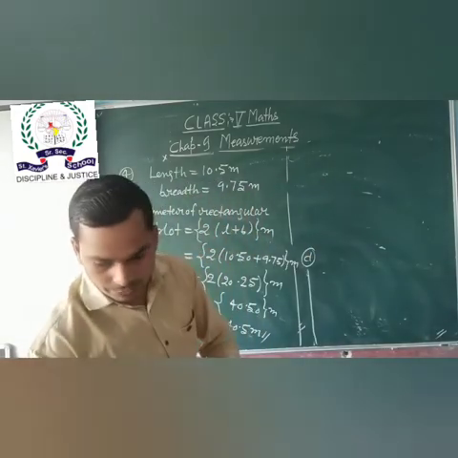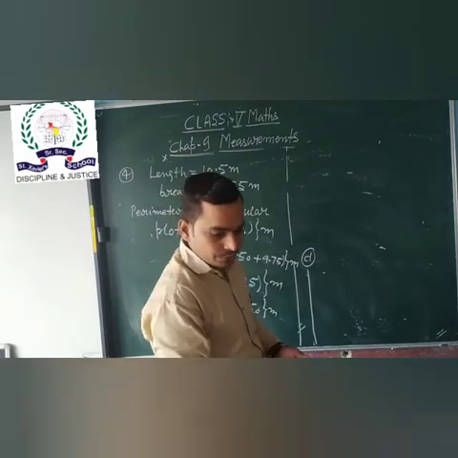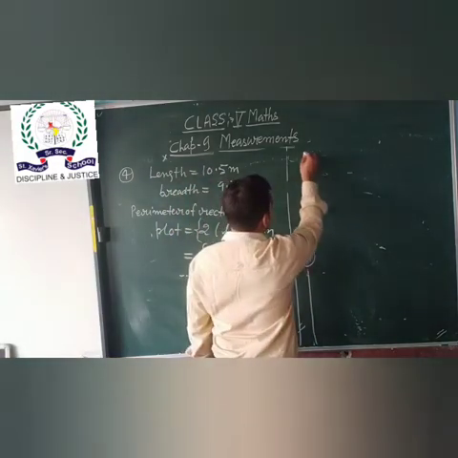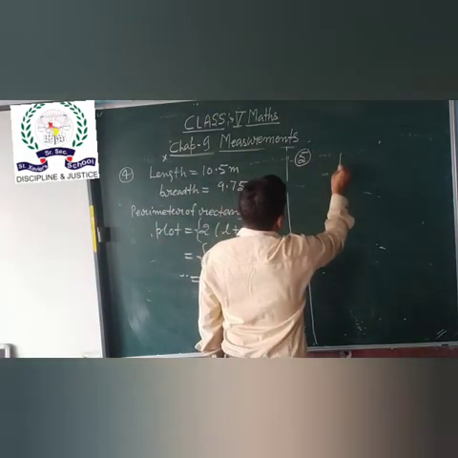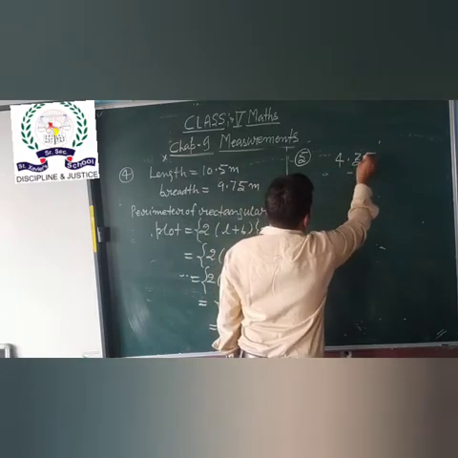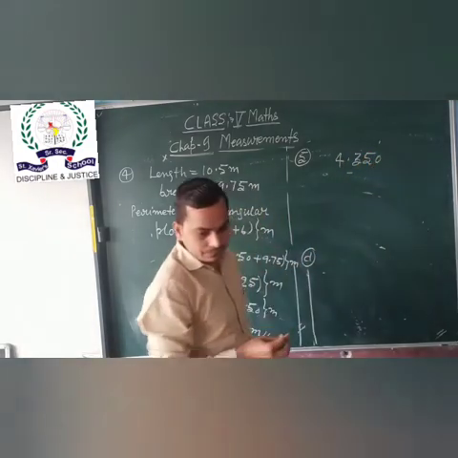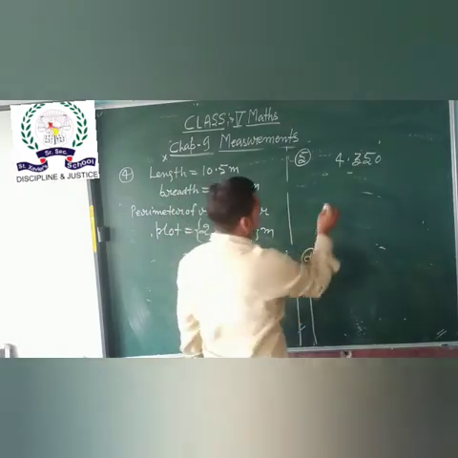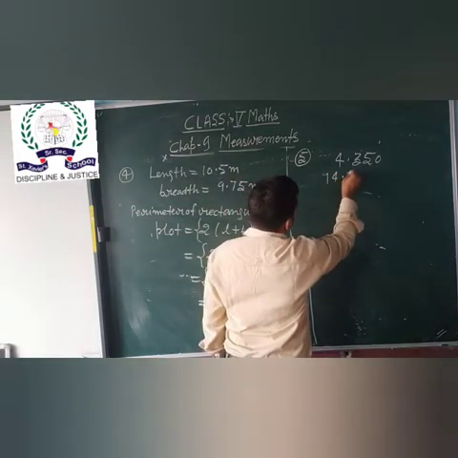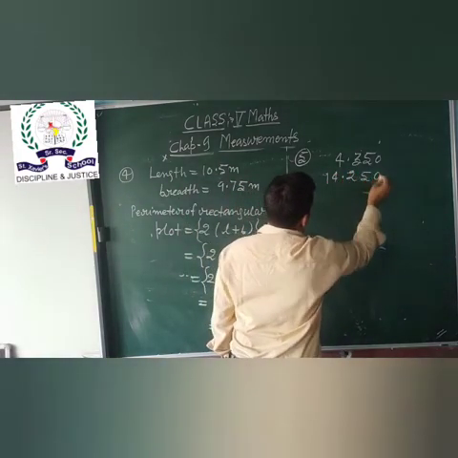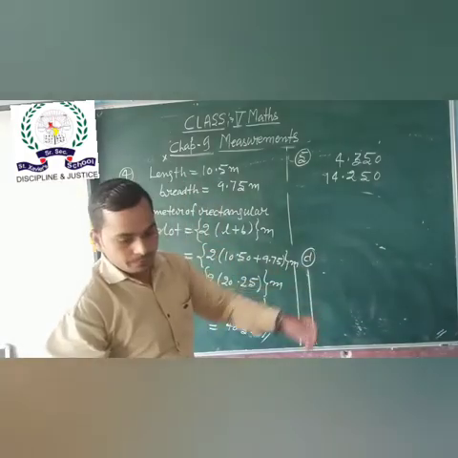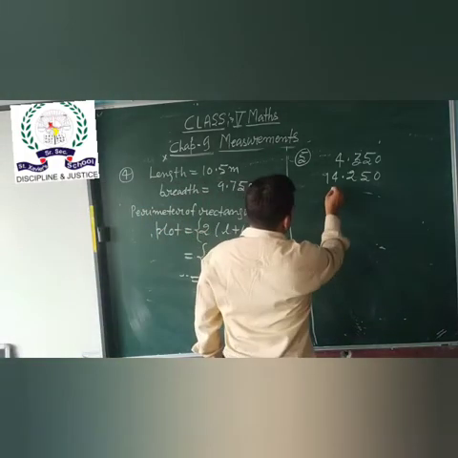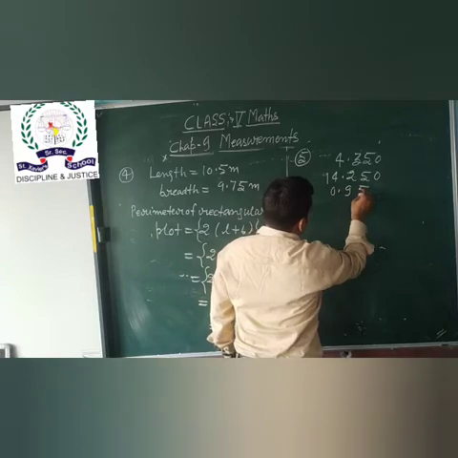So first we have to add all the given three values. 4.350, 14.250, and 950 gram, that equals 0.950 kilogram.